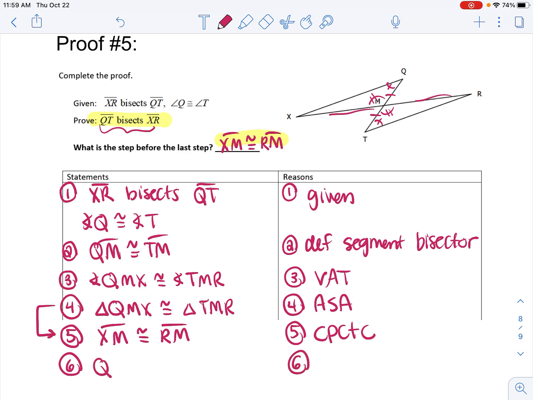And then our proof statement. We can say that QT now bisects XR because of the definition of a segment bisector.